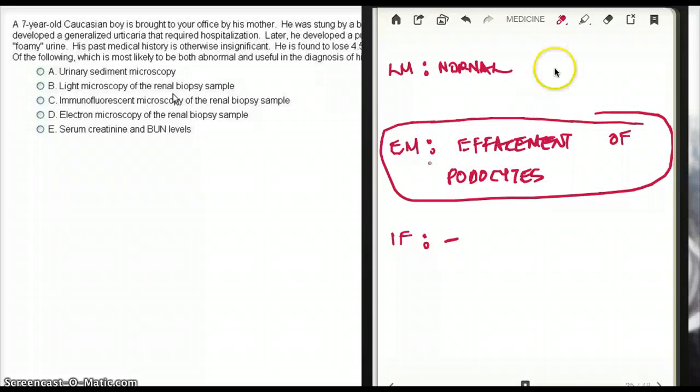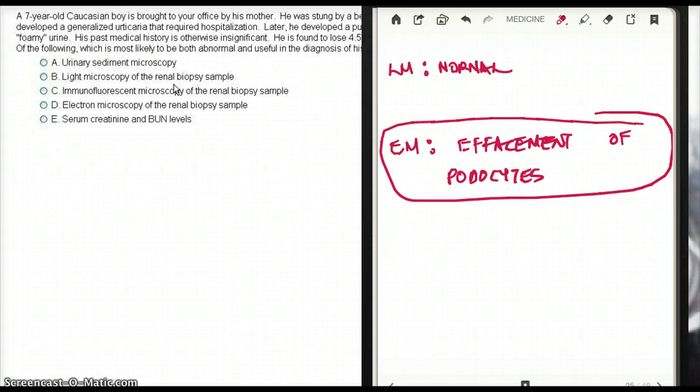Another thing I want to talk about is what happens to the basement membrane in minimal change disease. Now the basement membrane is negatively charged. In fact, the basement membrane provides two types of selectivity.